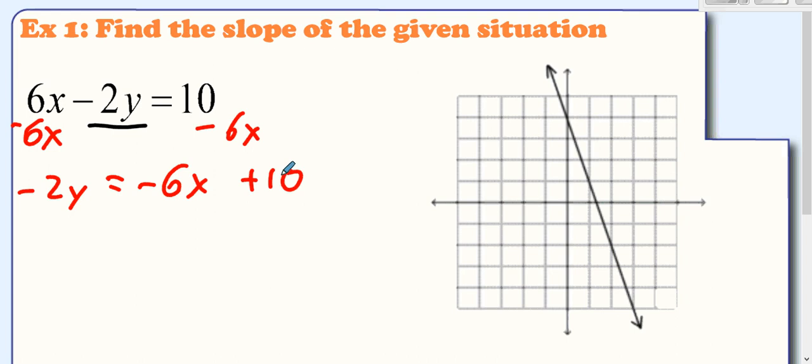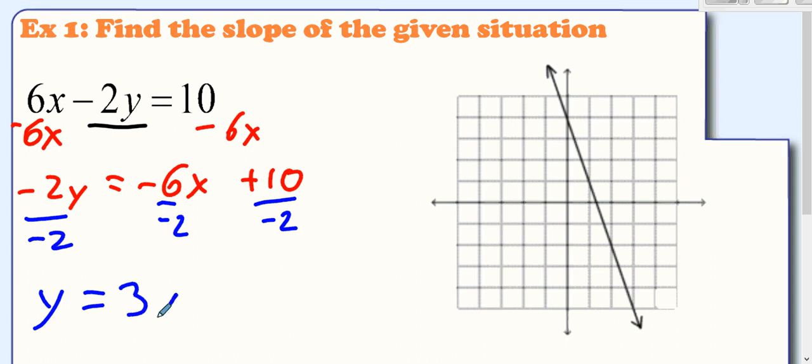And then still trying to get y by itself, now we're going to divide everything by negative 2. So that means that our slope is the coefficient in front of the x, 3. Slope is 3.